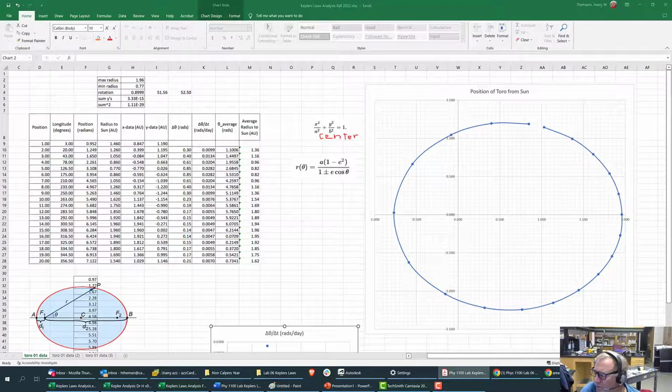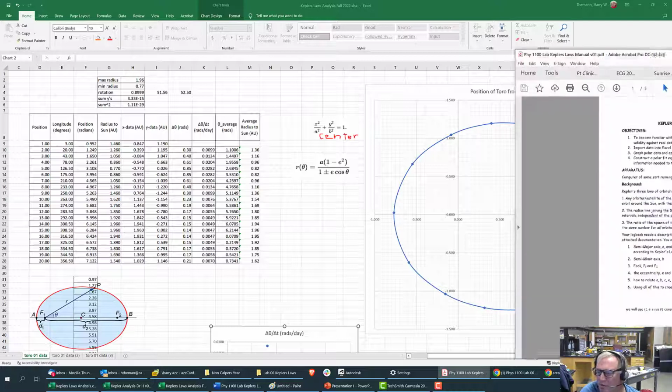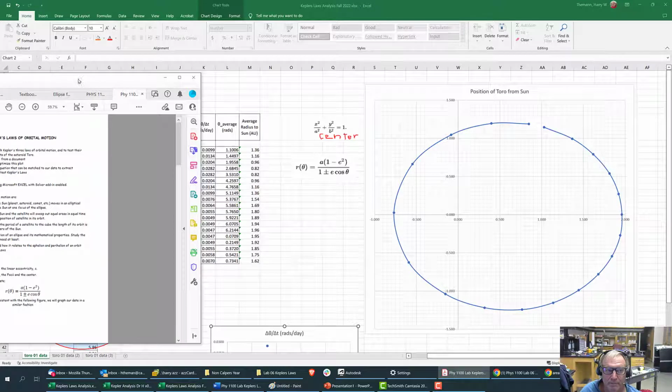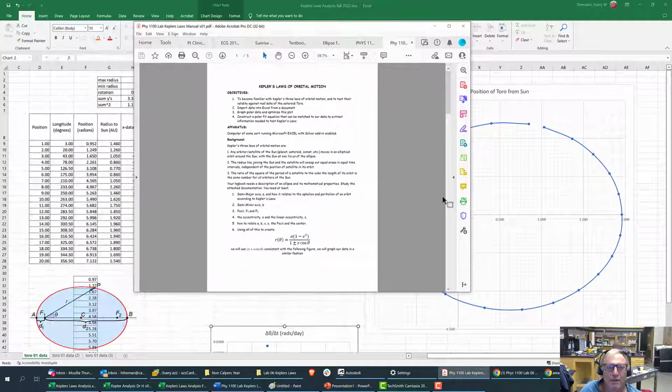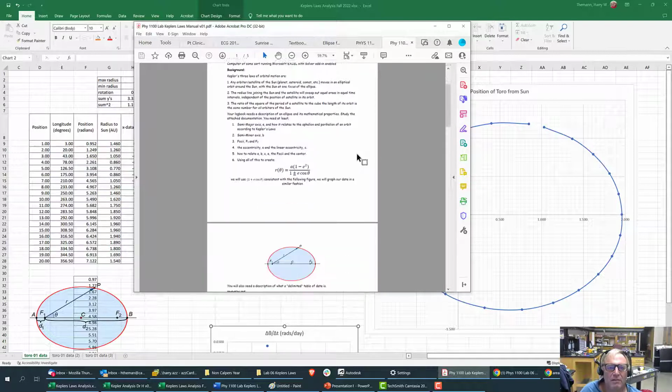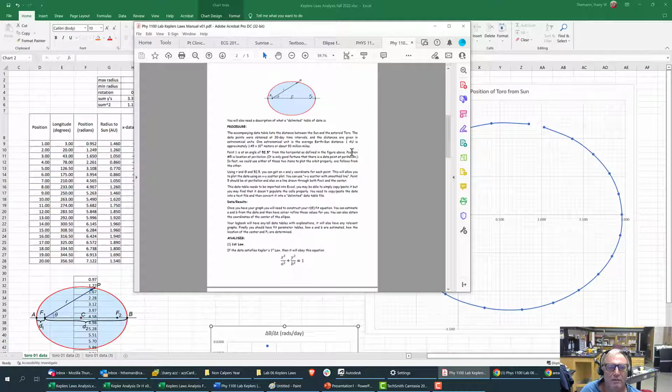One big thing is that, I'll just bring this over here. I rewrote the lab manual. And so this will really help you out, especially people in the future.